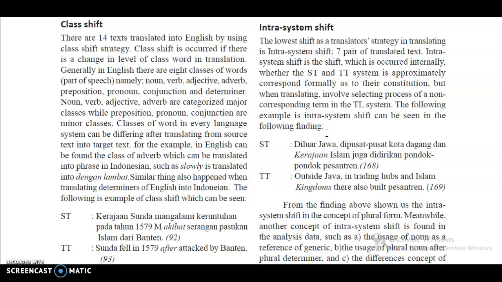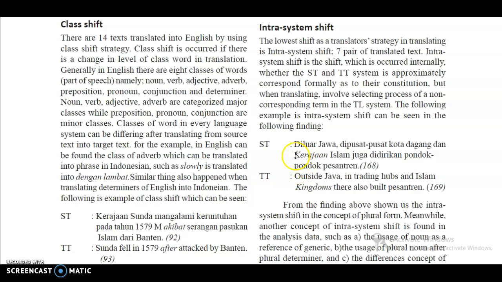In the source text: di luar Jawa, di pusat-pusat kota dagang dan kerajaan Islam juga didirikan pondok-pondok pesantren. Let's see the word kerajaan. The target text: Outside Java, in trading hubs and Islam kingdoms, there also built pesantren.